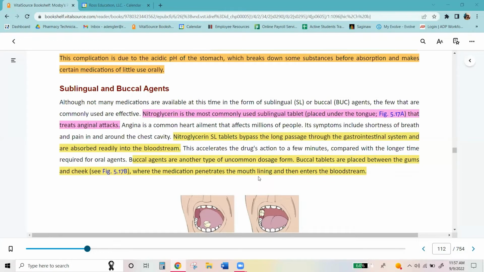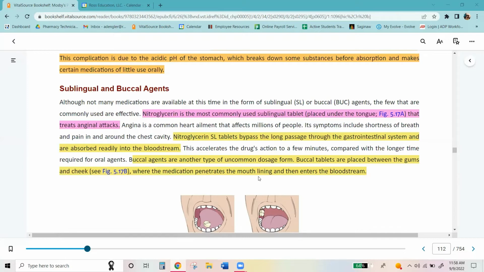Sublingual and buccal agents. Although many medications are not available at this time in this form, the few that are commonly used are very effective. Nitroglycerin is the most commonly used sublingual tablet, placed under the tongue, that treats anginal attacks. Angina is a common heart ailment that affects millions of people.